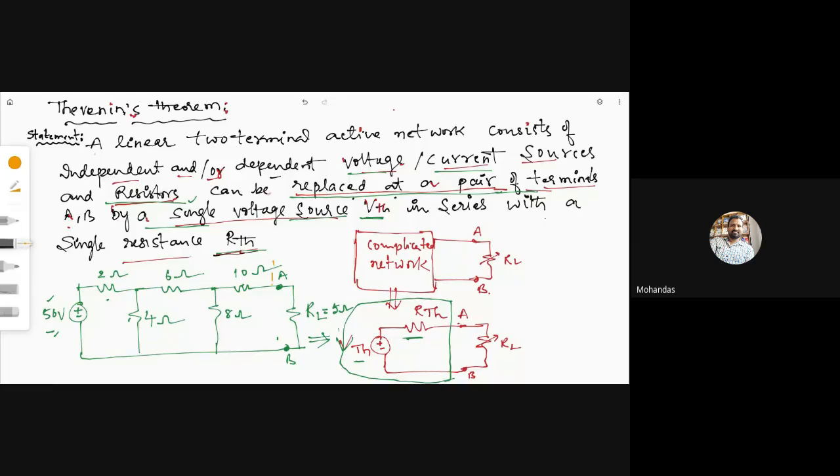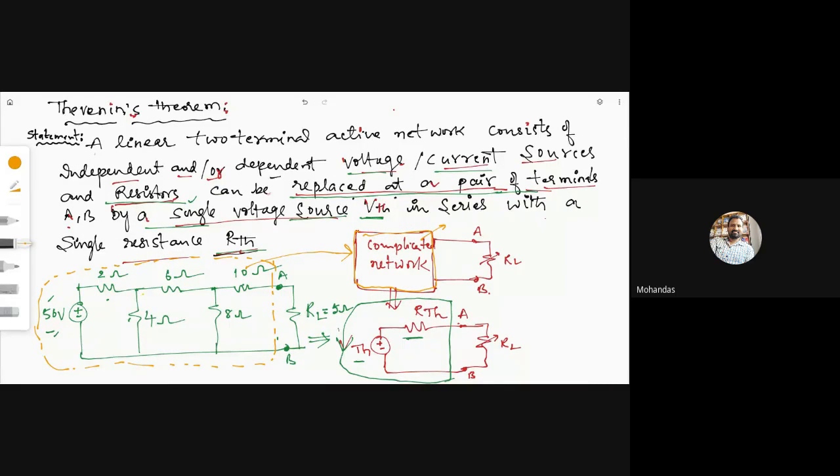So this is the circuit. Listen carefully. This is called a complicated network. This dotted line is called a black box, which represents a circuit or network, consisting of these resistors and voltage source and all those things.